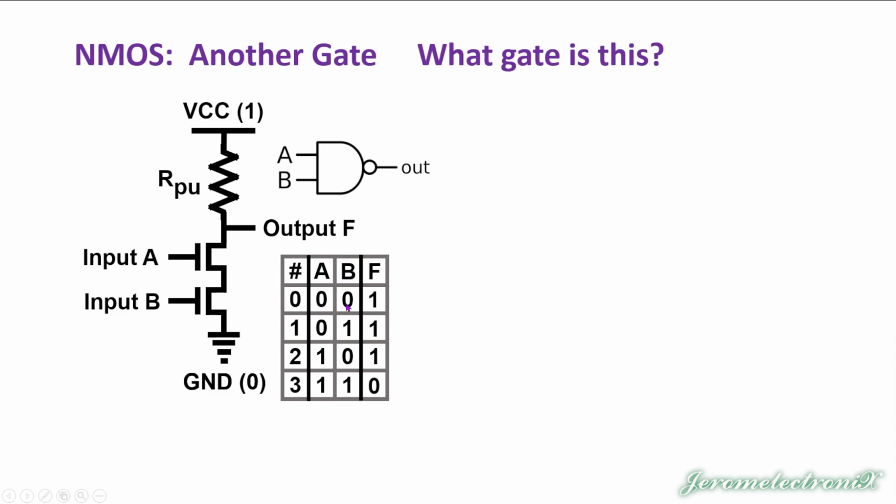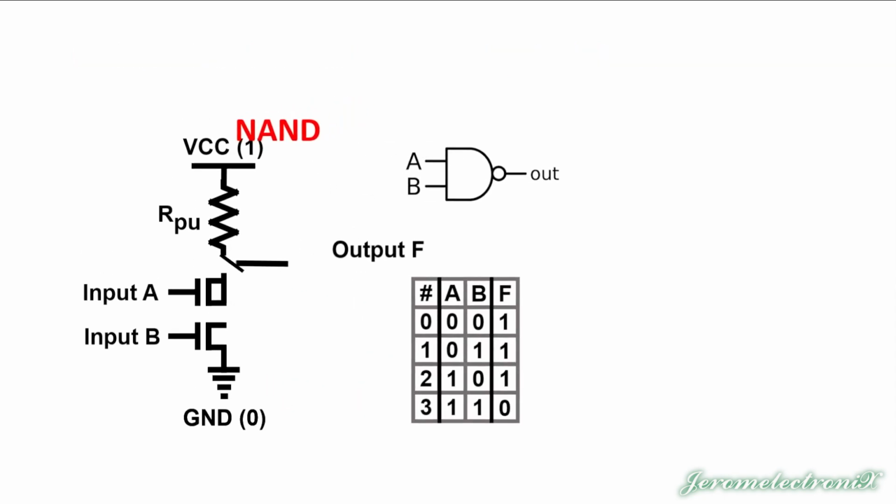So A times B is 0, reverse the result, and there's a 1. 0 times 1 is also a 0, reverse the result, and you've still got a 1. And 1 times 0 is a 0, reverse the result, and you still have a 1. 1 times 1 is 1, reverse the result, and you get 0. This is a NAND gate. Okay, so there it is, the NAND gate.